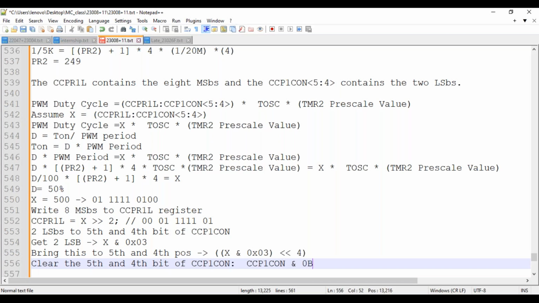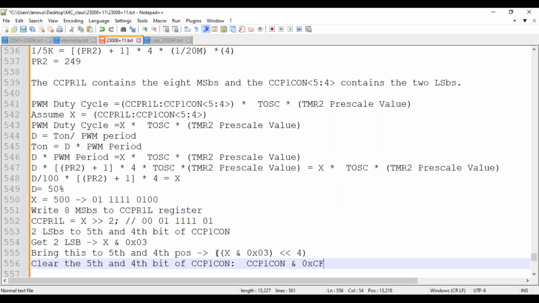So it is binary 1 1 0 0 1 1 1 1. Correct? Only the 5th and 4th position I want to make 0. The rest I have to write as 1. So what is the hexadecimal equivalent of this? CF. Okay, so I will write 0xCF.